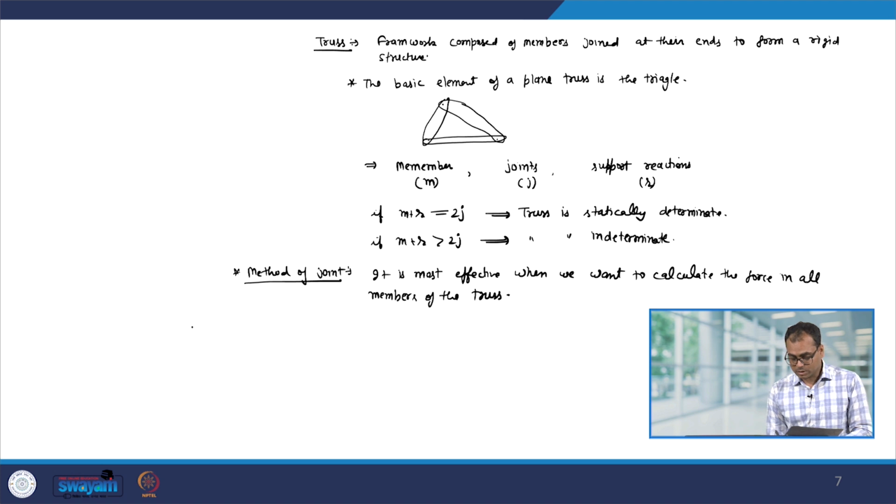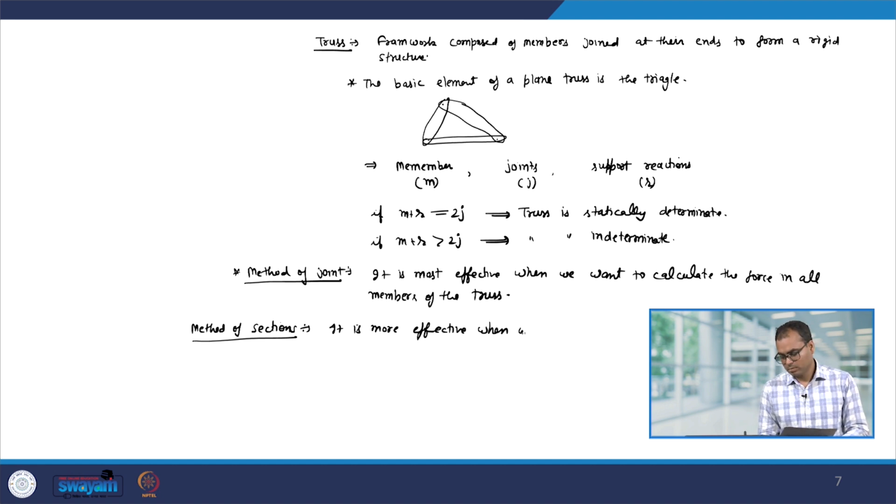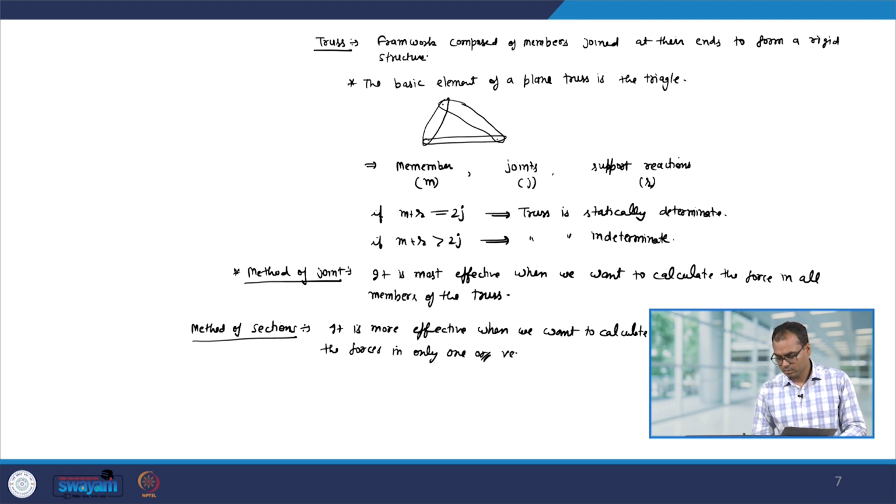The second method was method of sections, and this method was more effective when we want to calculate the forces in only one or very few members of the truss.